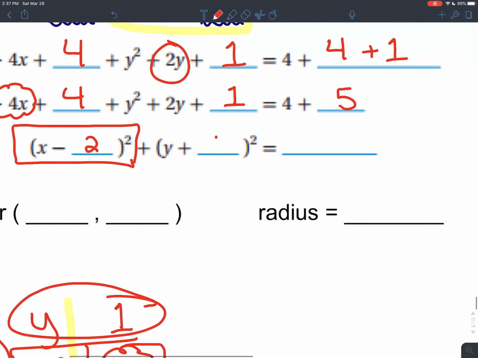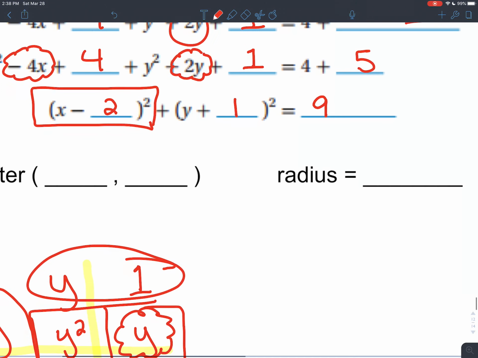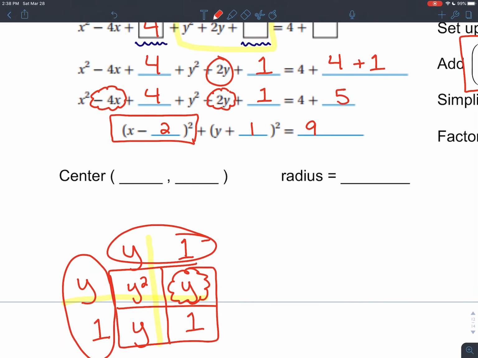So we're going to do y plus 1 squared. But again, all we did was really just take half of that. And then 4 plus 5 gives us 9. So now it looks exactly like the other ones that we've done. Our center is going to be a positive 2 and a negative 1. And then our radius is the square root of the other side, which will give us a 3.